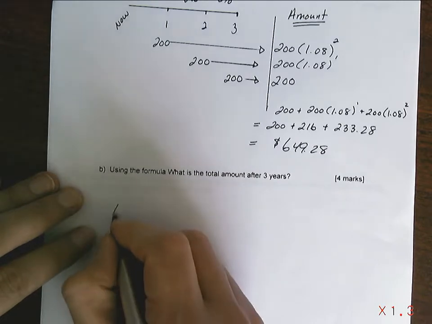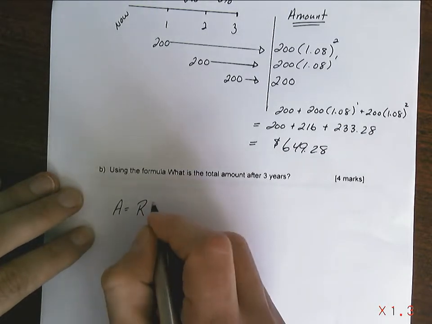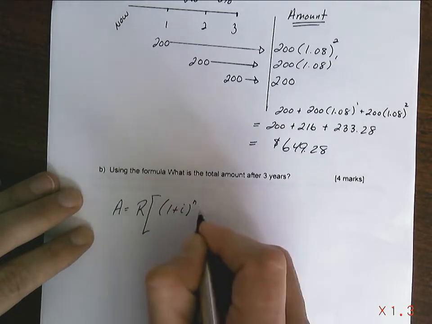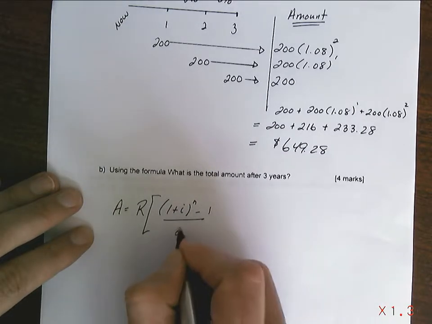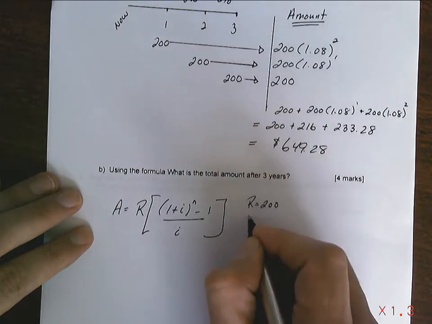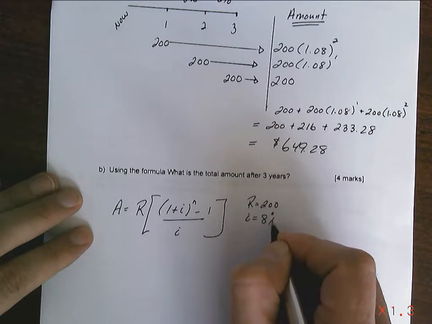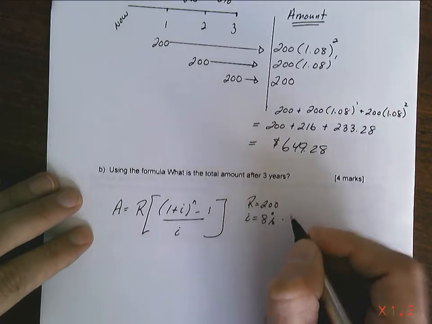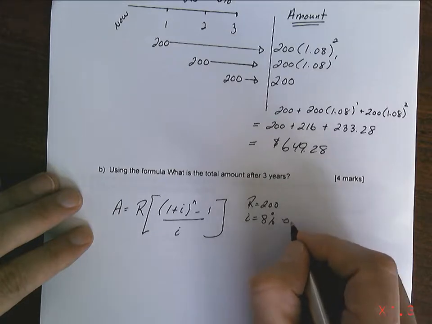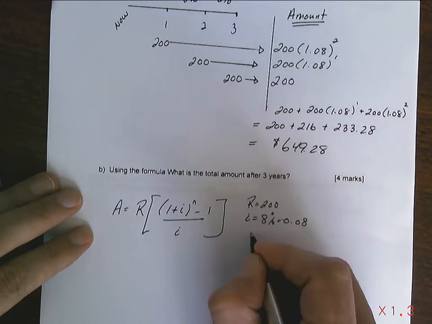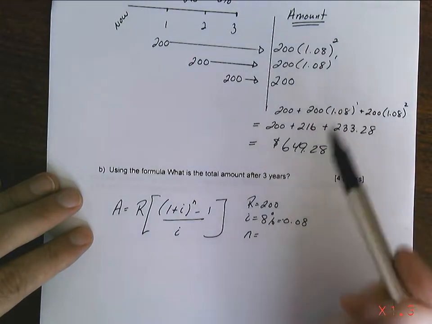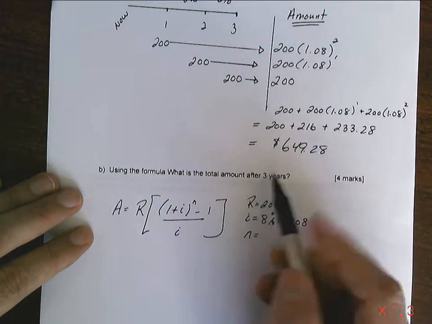So it's A equals R, the regular payment, times (1 plus i to the n, minus 1) over i. Now, R is your $200 payment. i is your 8%, and it's compounded annually, so I don't have to do anything with that. It'll just become 0.08. n is the total number of compounding periods, which is 3, because there's 3 years.